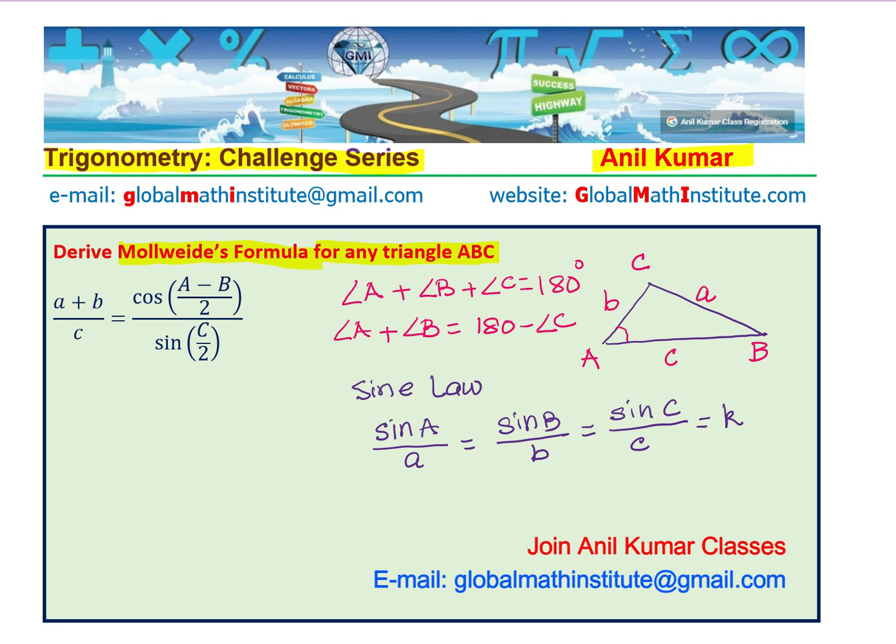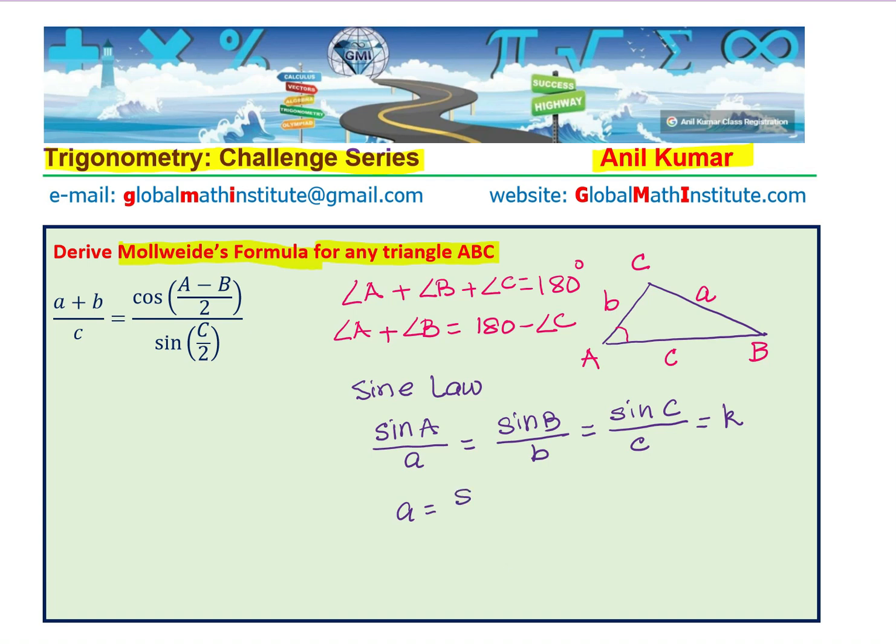If you look at the formula, it is (a plus b) over c, in terms of sine and cosine. So you can cross multiply and get the values of a, b and c. So a will be equal to sine A over k, b will be sine B over k, and c will be sine C over k.